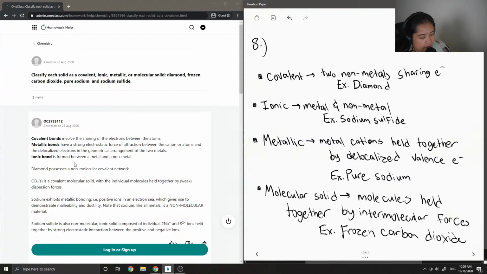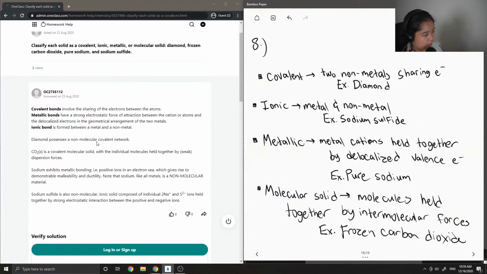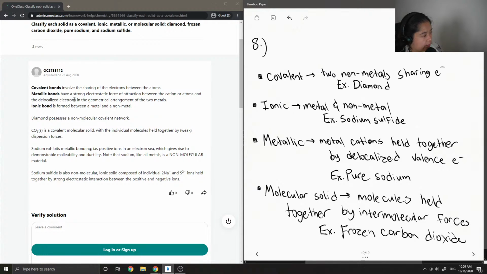Okay, so the junior tutor said that covalent bonds involve the sharing of electrons between atoms. Metallic bonds have a strong electrostatic force of attraction between the cation and the delocalized electrons in the geometrical arrangements of the two metals. Ionic bond is formed between a metal and a nonmetal.